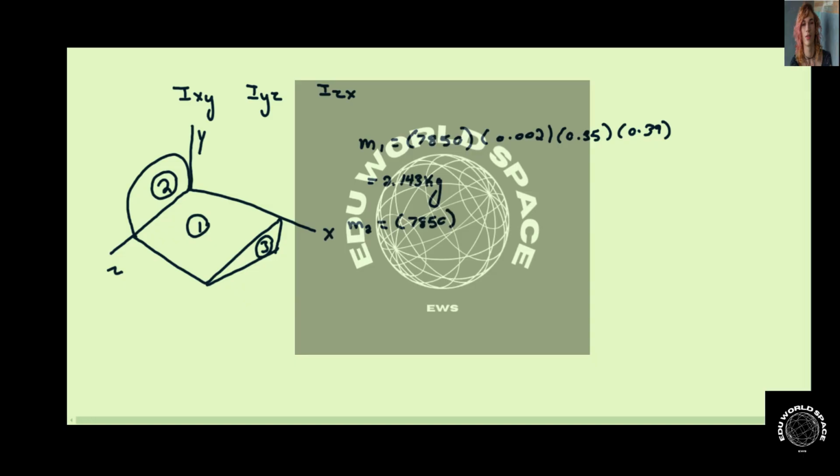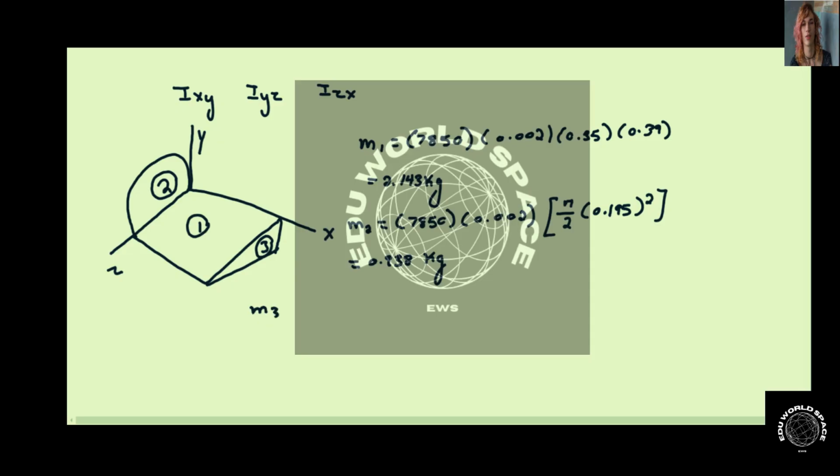And for mass 2, we have 7850 times 0.002 times pi times 0.195 squared. And this is 0.938 kilograms.